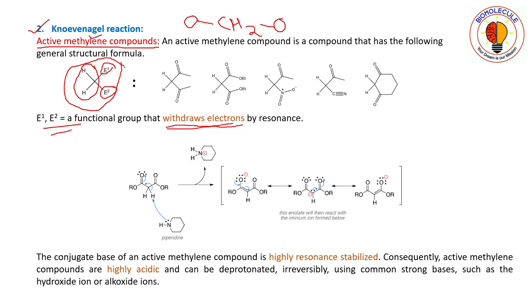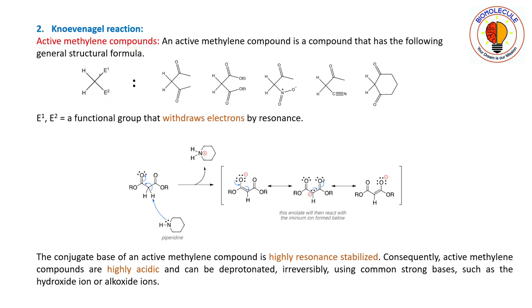As for example this one, this carbonyl has electron withdrawing nature, so it will make these protons, that is the methylene protons, acidic. That means the methylene protons will be highly acidic due to the electron withdrawing nature of the carbonyl group.